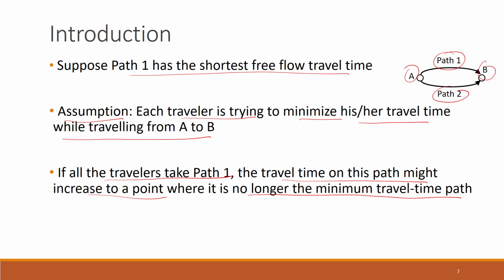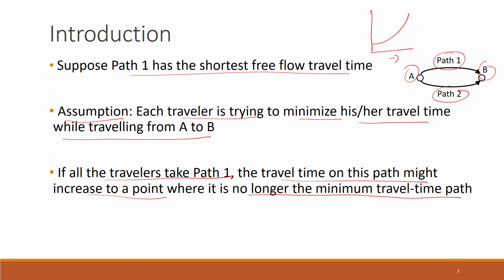If 100 people want to travel from A to B, and all 100 decide to take path 1, then the travel time on that path will no longer be equal to the free flow travel time. It will only increase, as we have seen in the link performance function, because the travel time increases with the flow. Then whatever travel time we observe might no longer be shorter than the free flow travel time on path 2, because since no one is traveling on path 2, there the travel time is equal to the free flow travel time.